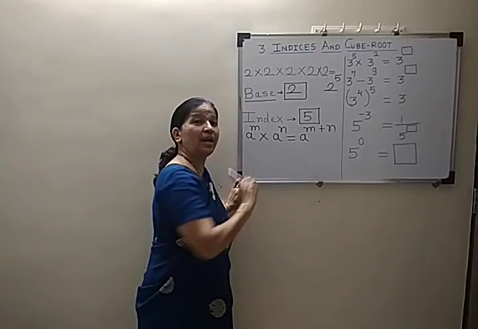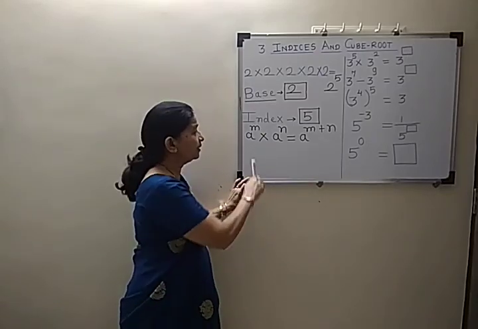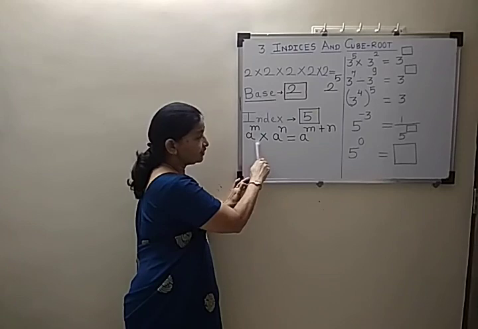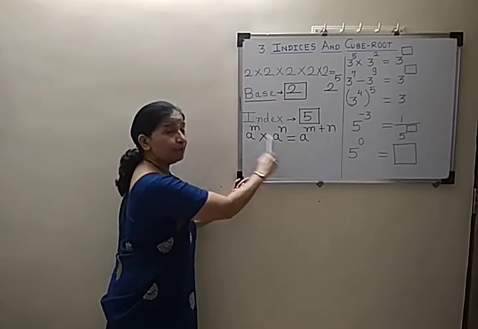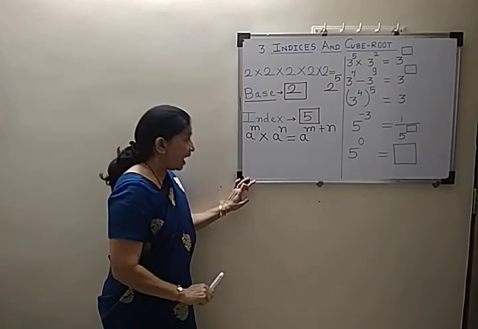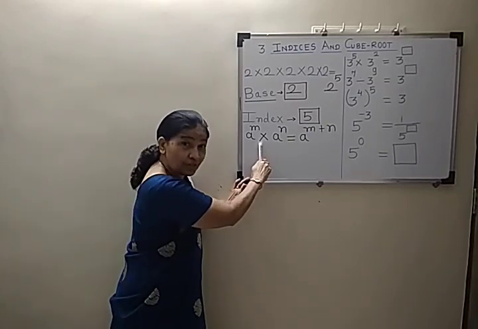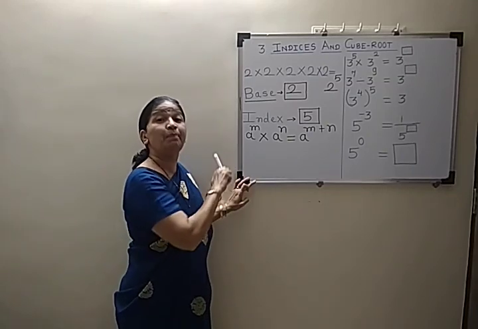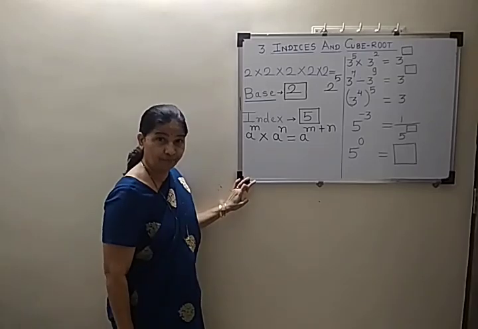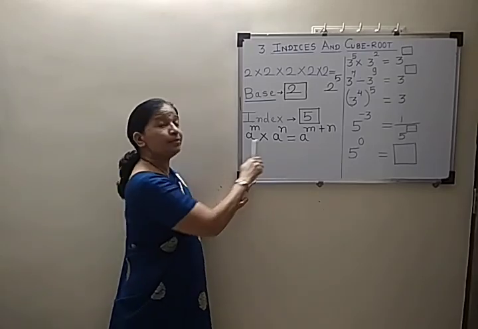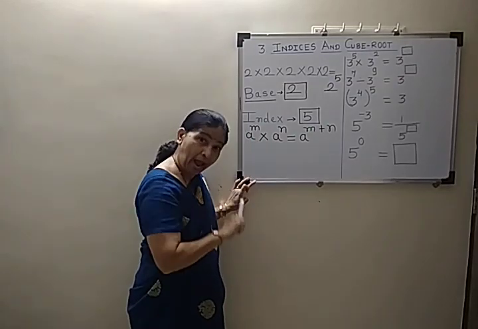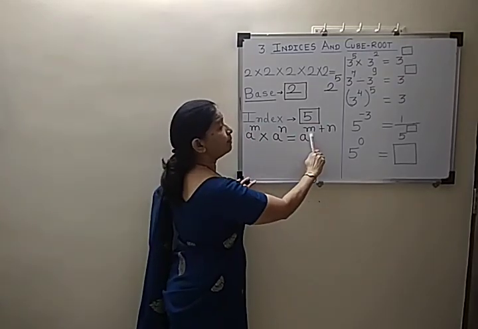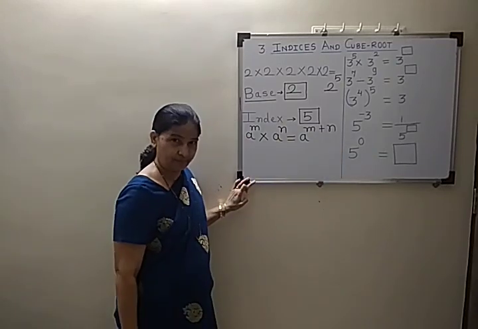Try to understand this rule of indices: when the base is same and in between there is a multiplication sign, that time we can do summation, addition of the indices.